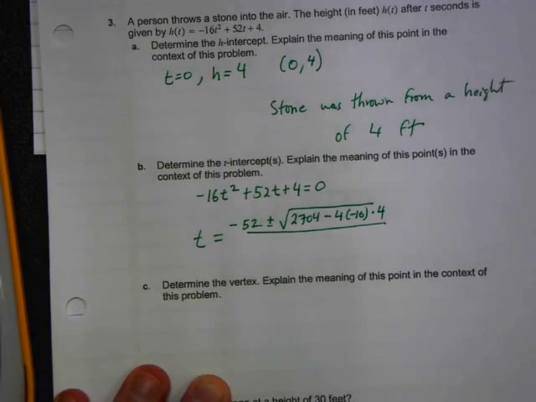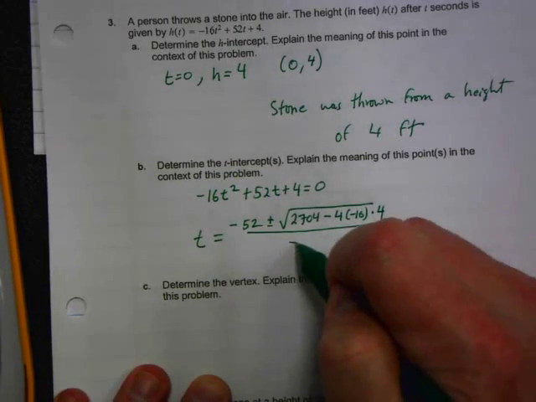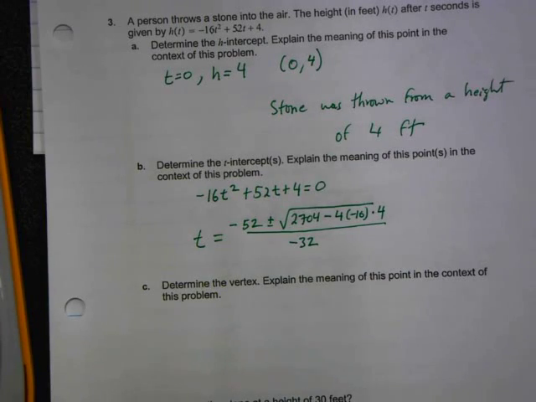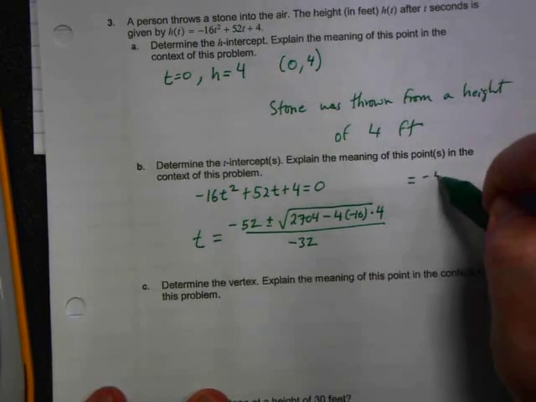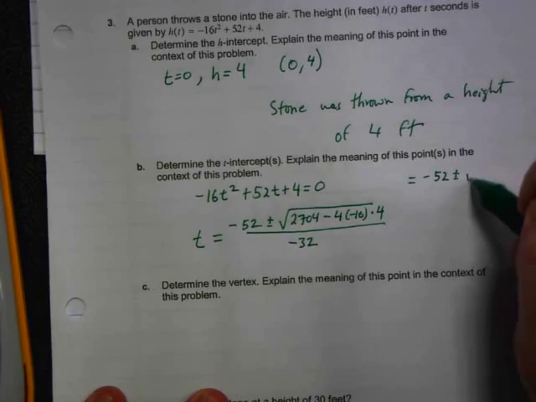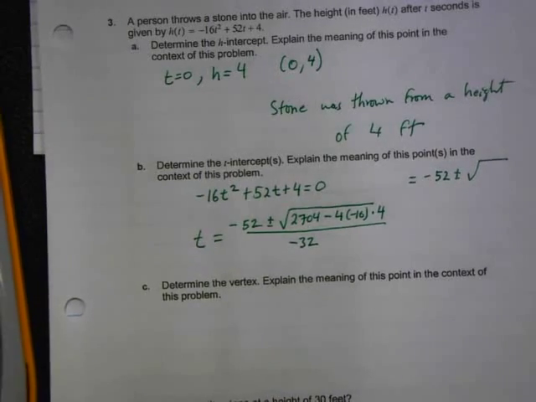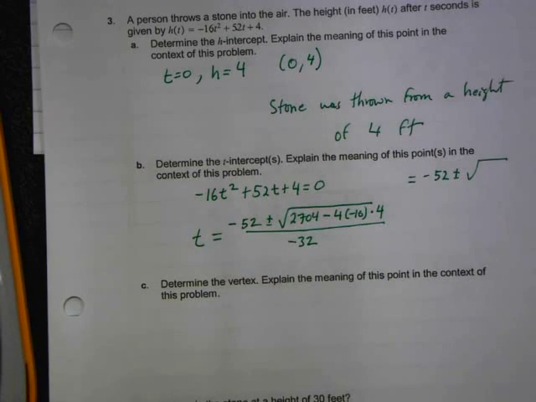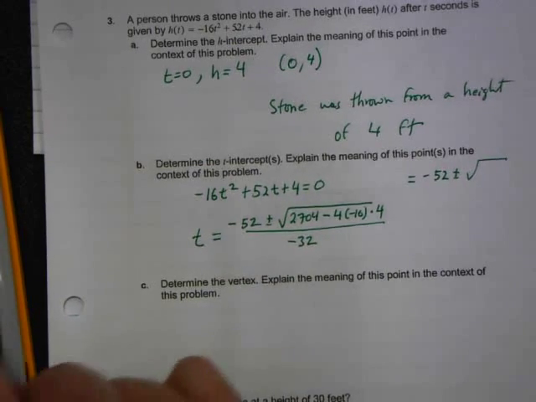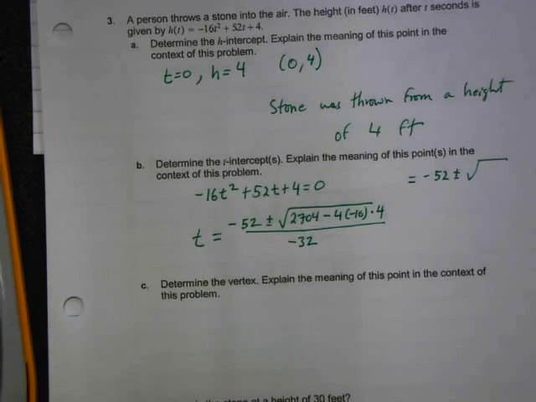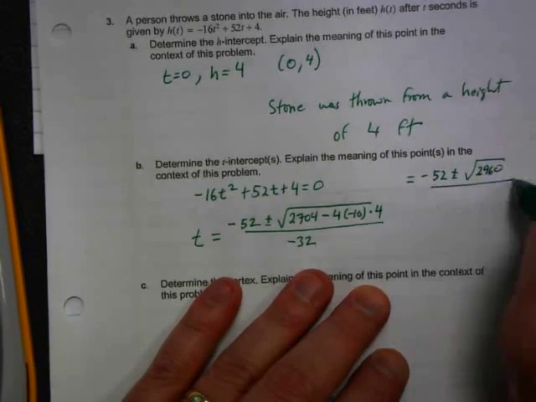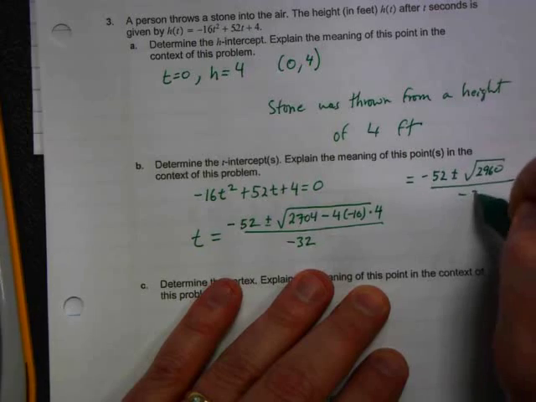All divided by 2a. 2a is going to be negative 32. So that's negative 52 plus or minus the square root of 2704. A minus and a minus is going to be a plus. 4 times 16 times 4, calculator says that's 2960, divided by negative 32.